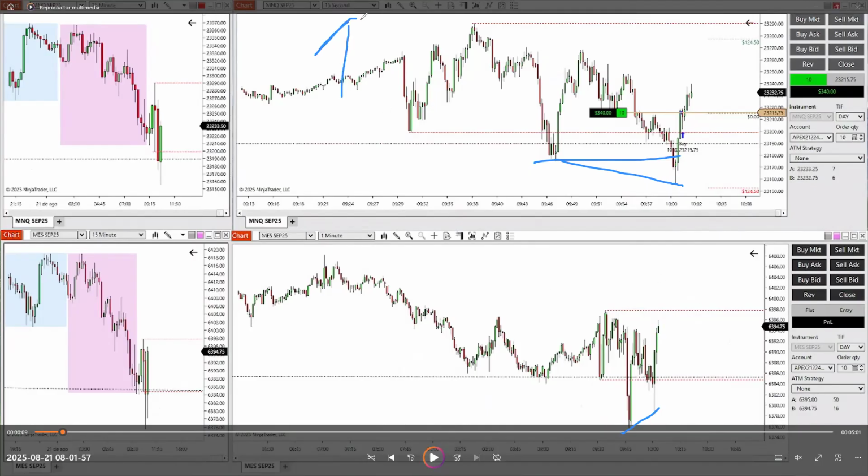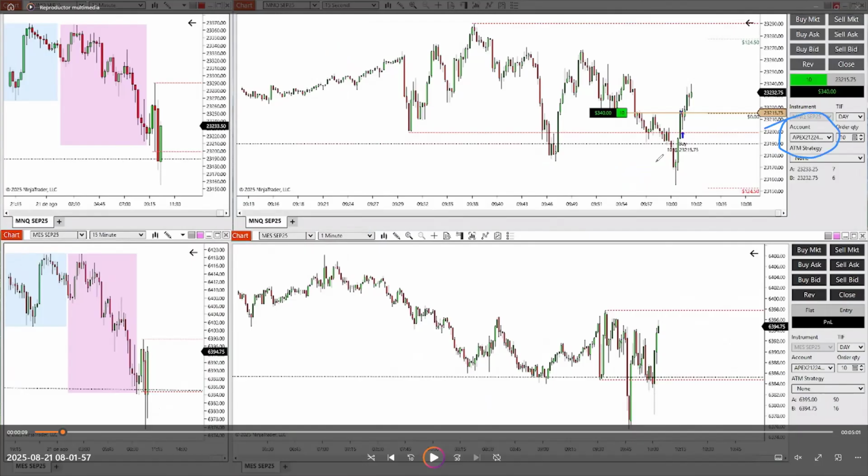So here I'm looking at the 15-second chart. Here I'm looking at the 1-minute chart. It really doesn't matter, because really what I'm looking for is just divergence on the S&P 500 when I'm executing on the Nasdaq.